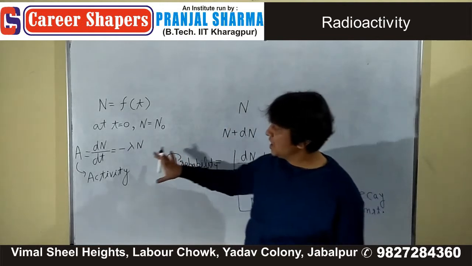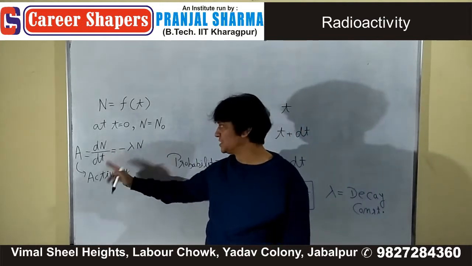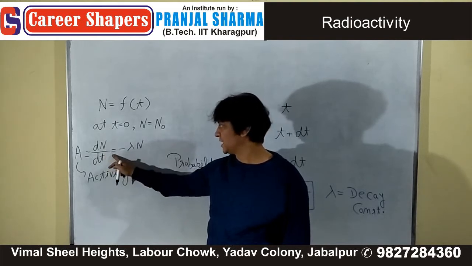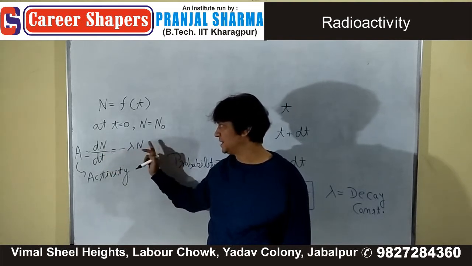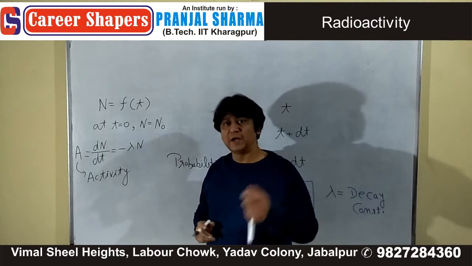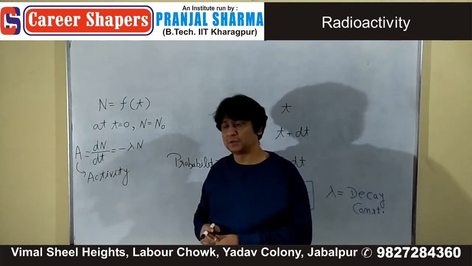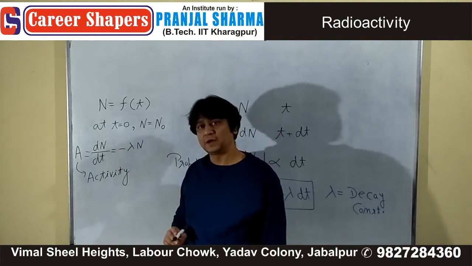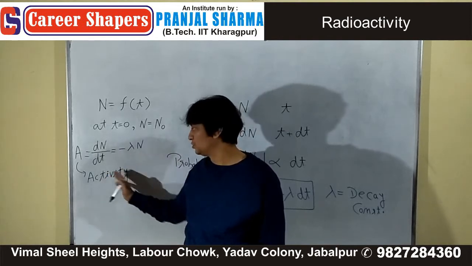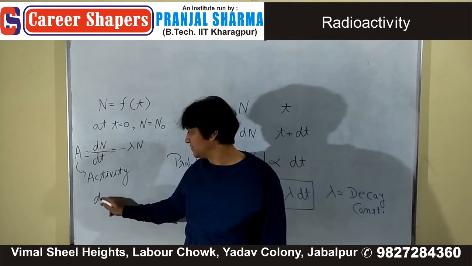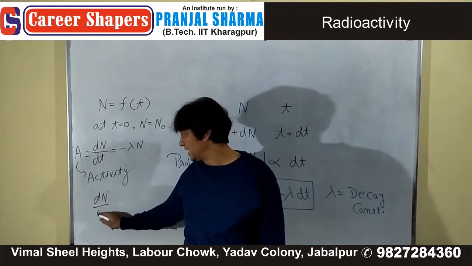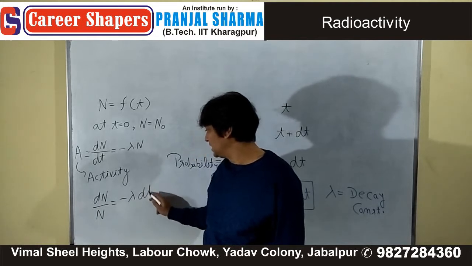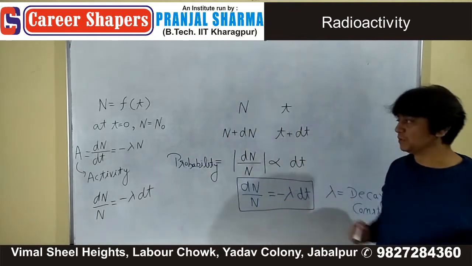Now, if you have been given something of the form dy upon dx equals minus some constant times y, how do you integrate it? You take the same type of variable to the same side, which gives dN upon N as minus lambda dt, the original version.